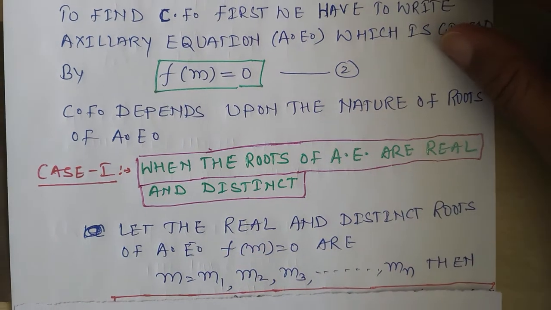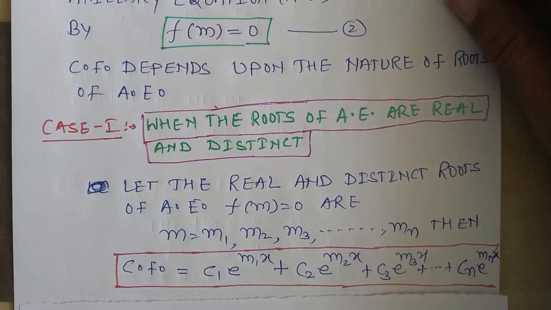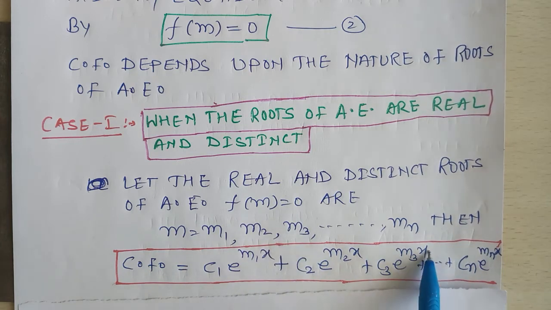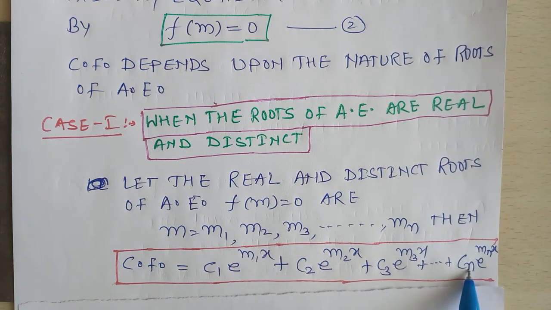Then we write CF as C1 e power m1x, where m1 is the first root, plus C2 e power m2x, plus C3 e power m3x, and so on plus Cn e power mnx.